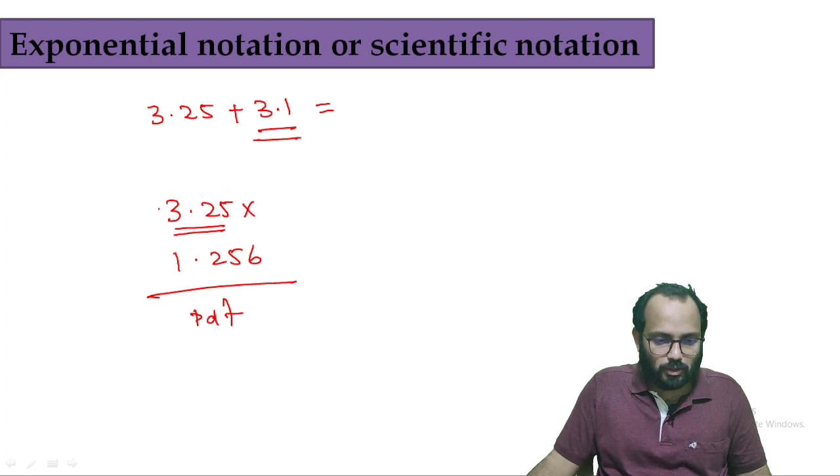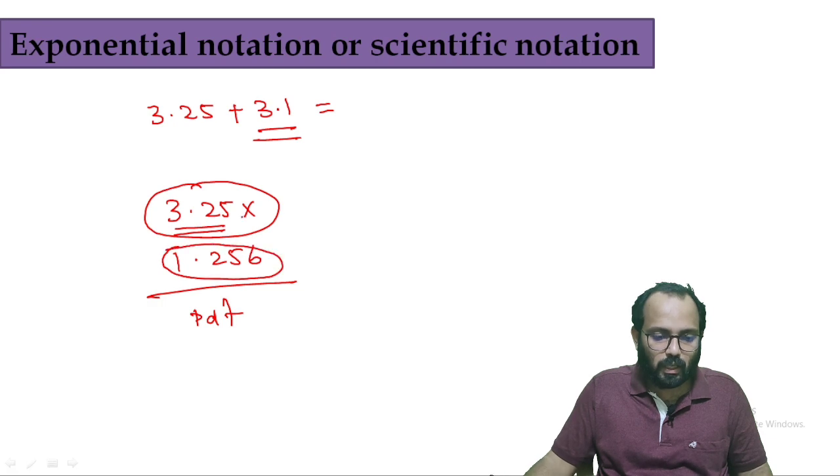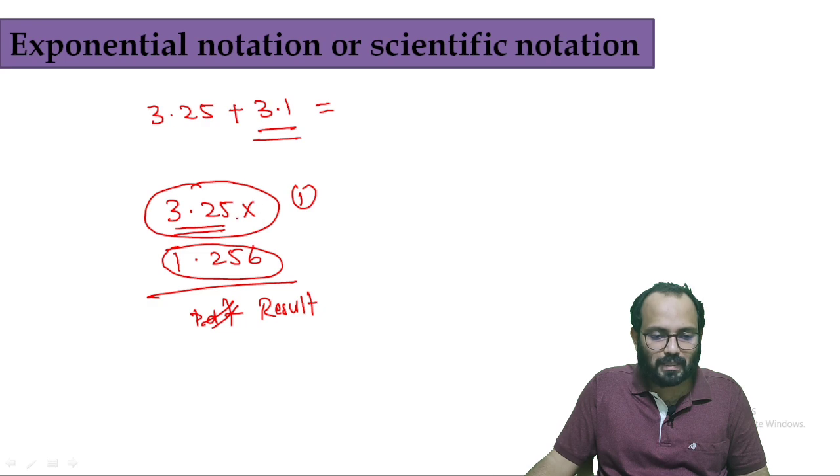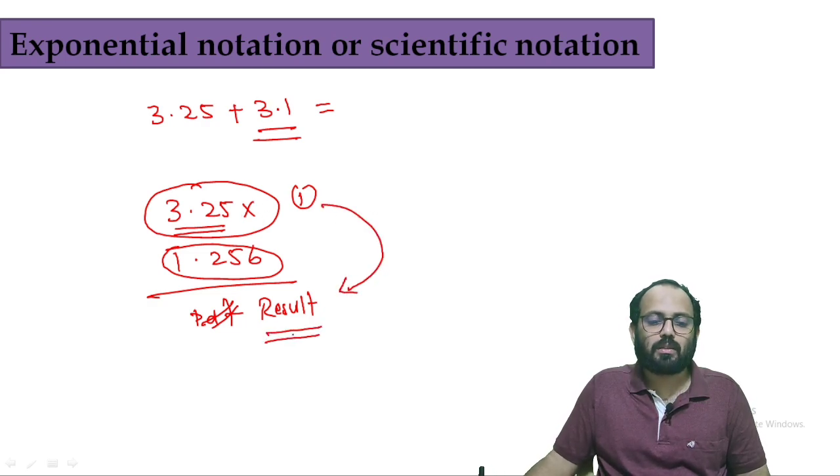These are the two values that you are using for the multiplication, and your result should have the significant figures of the one which has fewer significant figures. Here the first one has fewer significant figures, so the same number of significant figures should be there in the result.